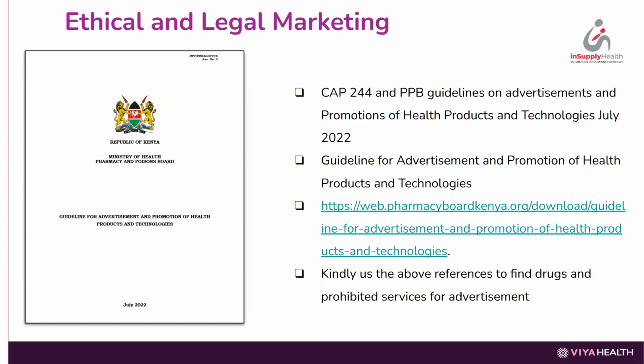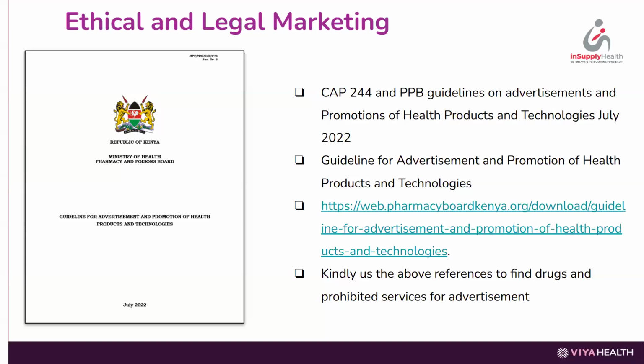which empower the PPB to come up with various regulations and guidelines that guide practice. One of such guidelines is called the Guideline for Advertisement and Promotion of Health Products and Technologies.